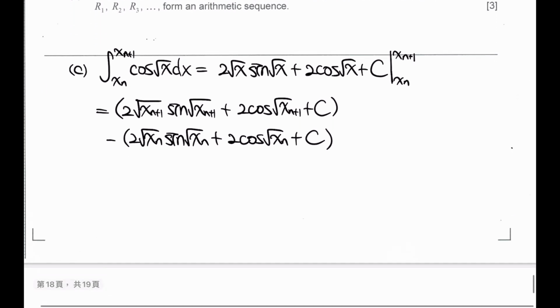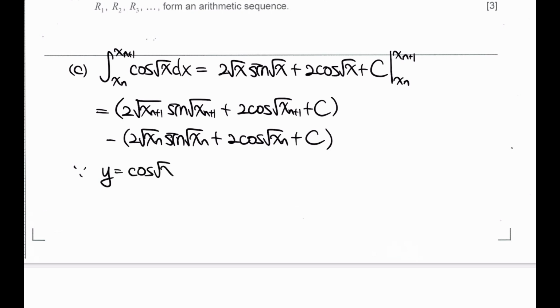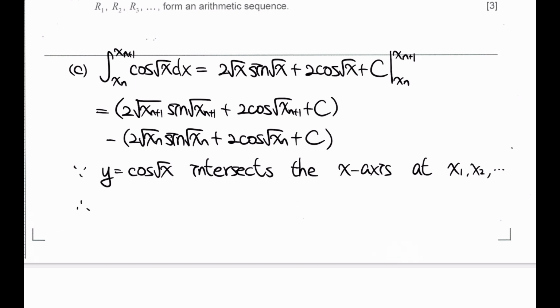Now because the graph of y equals cosine square root x intersects the x-axis at x1, x2, etc., cosine square root xn is equal to cosine square root xn plus 1, which is 0.